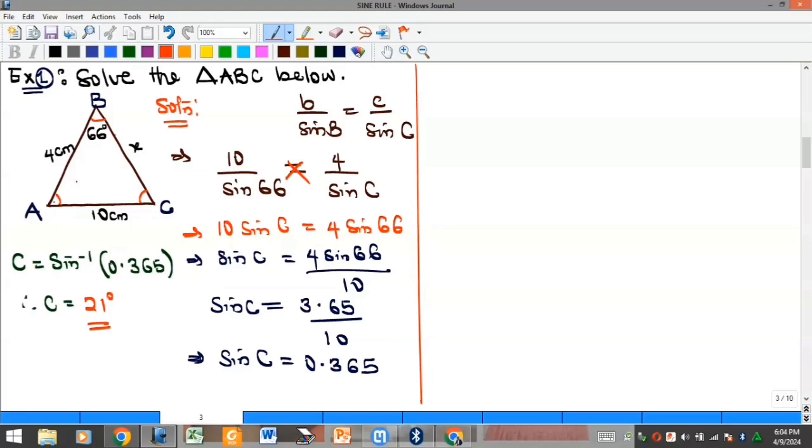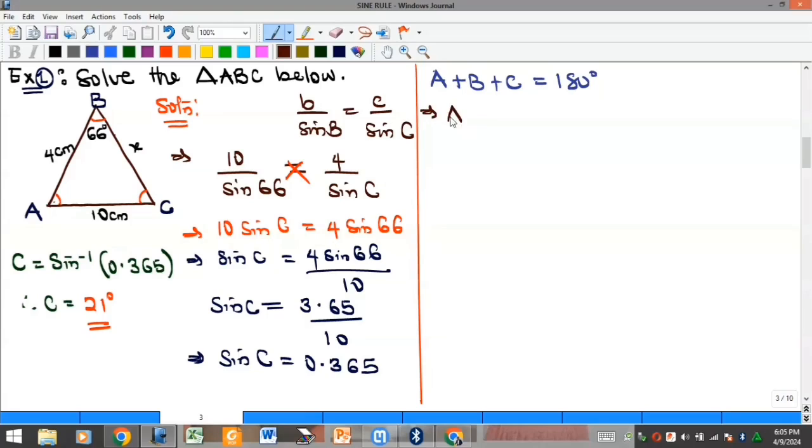Remember, we are asked to find the missing sides and angles. So A and C are missing, and then small letter a. We found capital letter C. So how do we get capital letter A? We have that angle A plus angle B plus angle C is equal to 180, and you know the reason: the sum of the angles in a triangle.